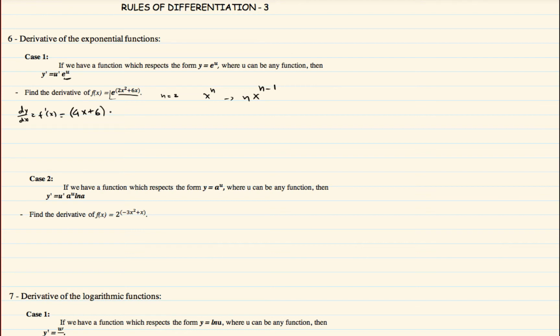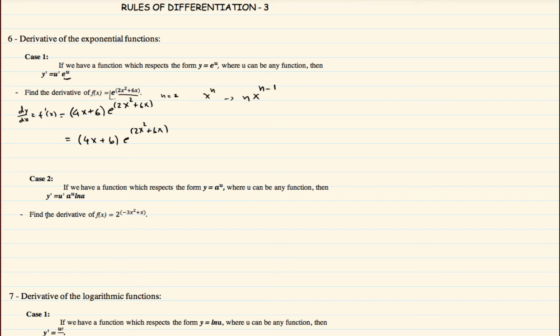All this is multiplied by e raised to 2x squared plus 6x. So basically we're just adding the derivative of the power, and we just multiply it by the original function. Just to make it beautiful, we'll write it here.